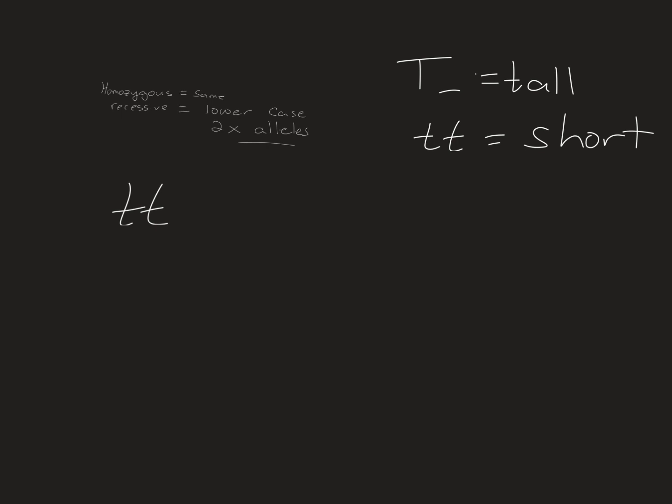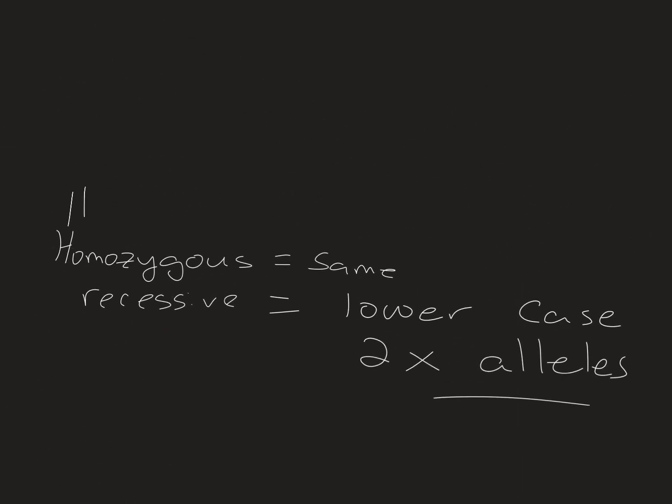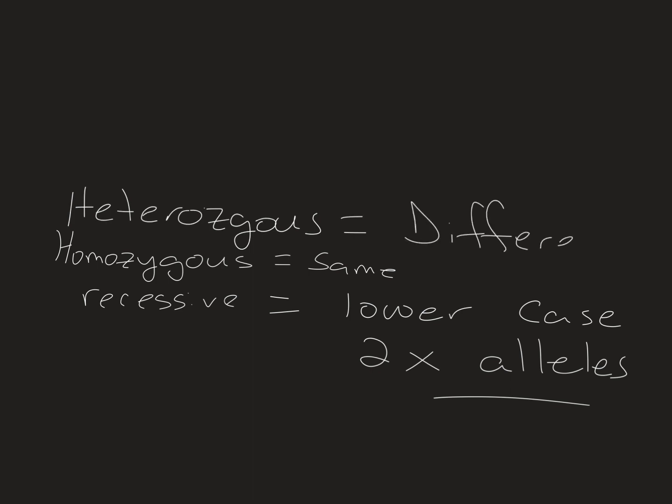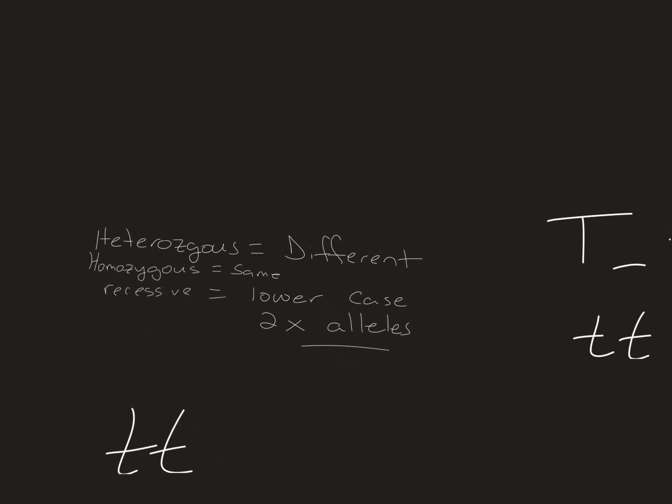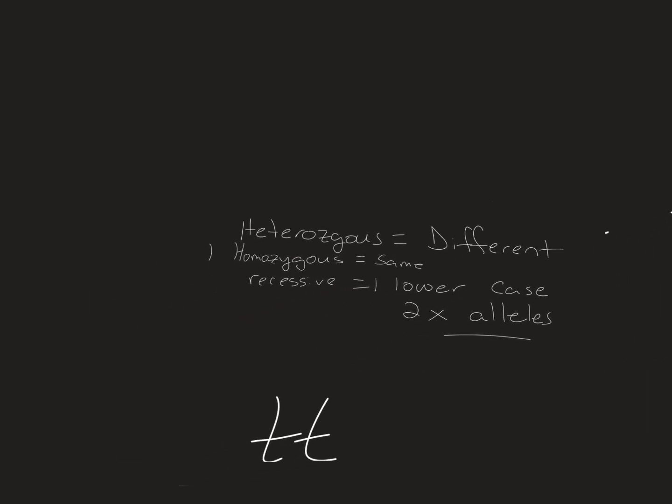Heterozygous means what? Which means it's going to have 2 different ones, right? Where the homozygous is either, let's say, big A or little a. Heterozygous would be big A, little a.